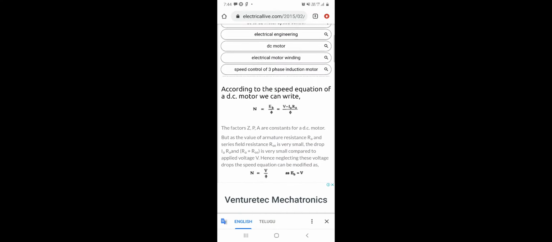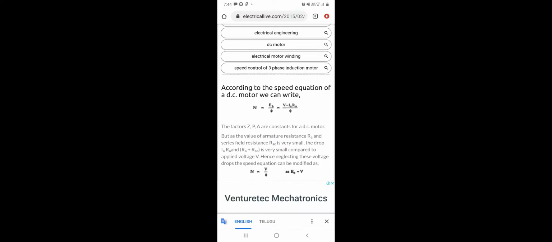According to the speed equation of a DC motor, N is directly proportional to Eb by phi, which is directly proportional to (V minus IaRa) by phi. Here the number of conductors, poles and parallel paths are constant for a DC motor, and the armature resistance and series field resistance are very small.